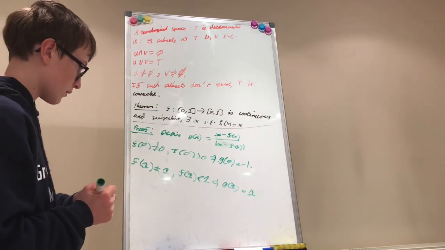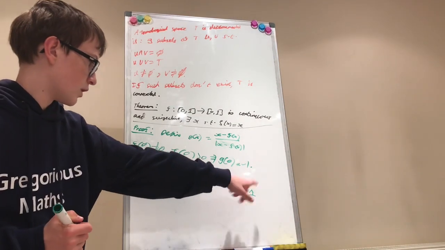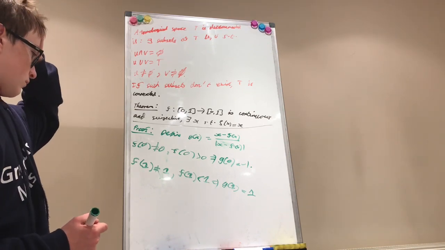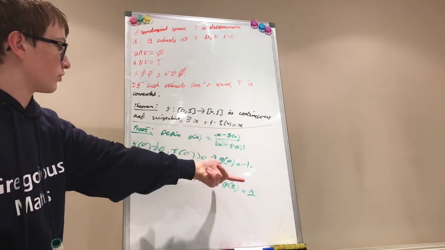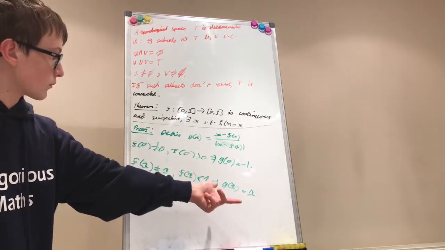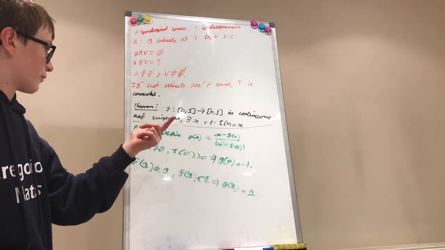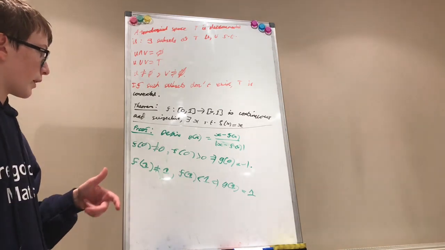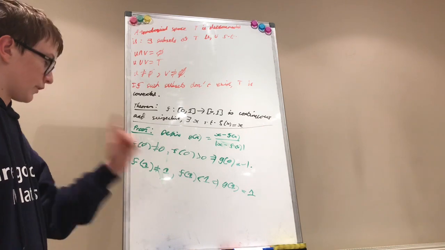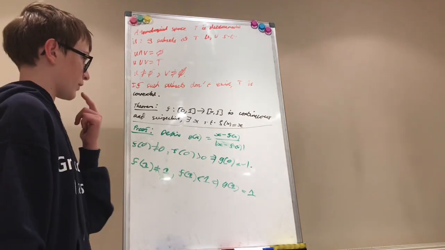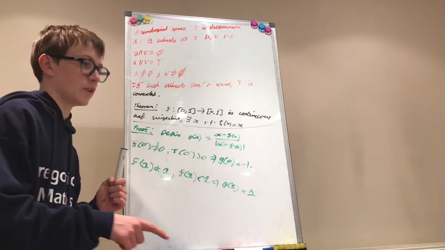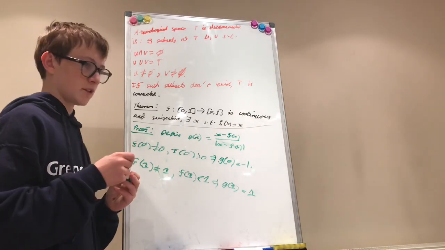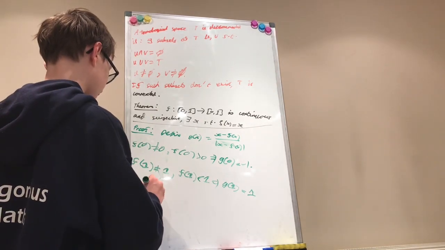Okay, and now, because g of x maps from the closed interval between 0 and 1 onto the zero sphere, and we showed that any map which goes from a connected space to the zero sphere can never be continuous and surjective, this means that g cannot exist.